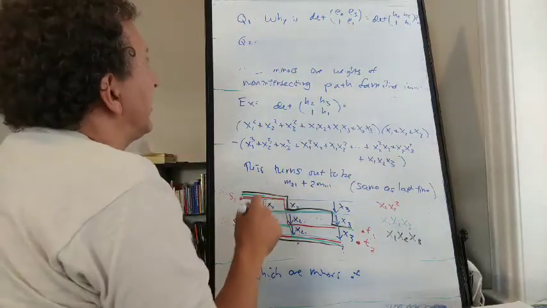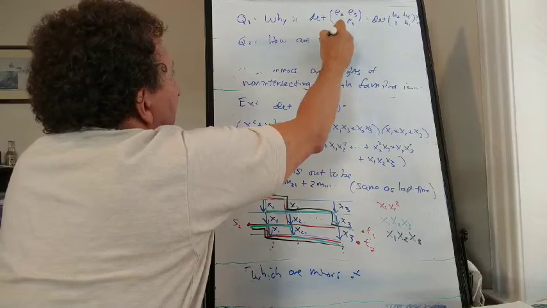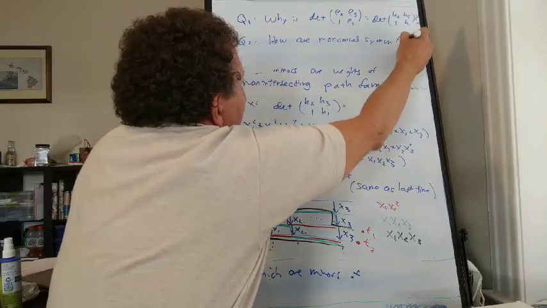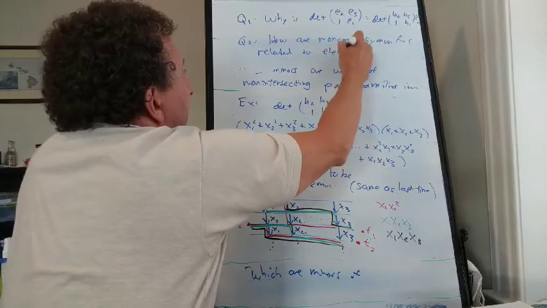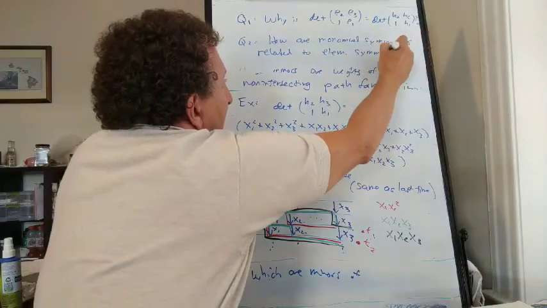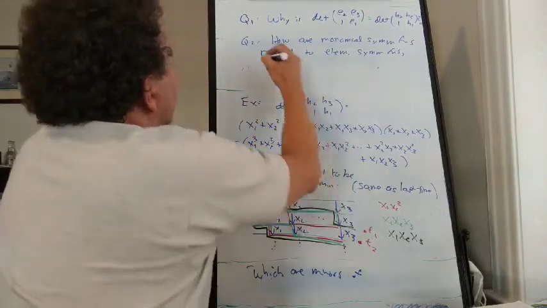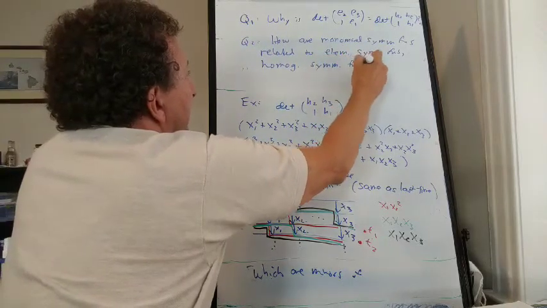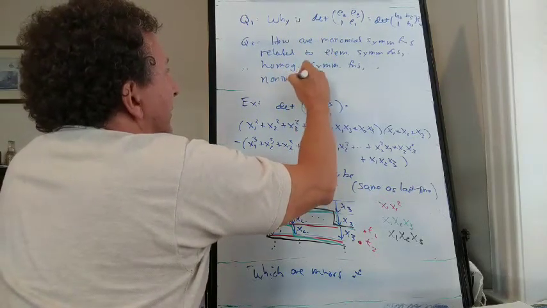And 2, so I use this shorthand with these monomial symmetric functions. How are these monomial symmetric functions related to elementary symmetric functions, homogeneous symmetric functions, and, let's say, non-intersecting path family symmetric functions?